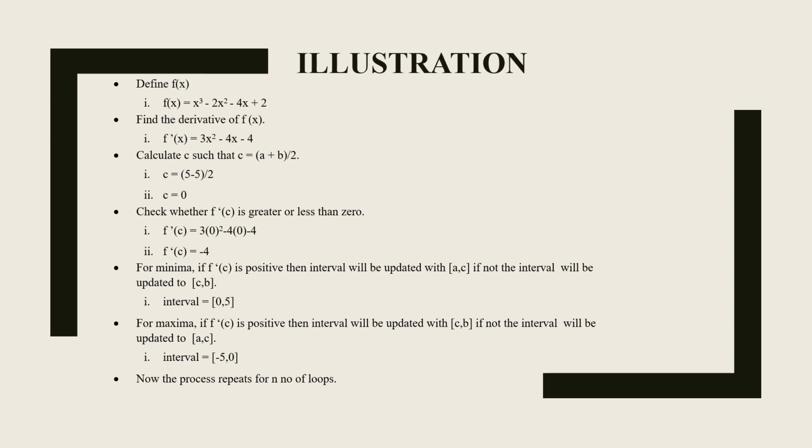For minima, if f dash c is positive, then the interval will be updated to a comma c. If not, the interval will be updated to c comma b. For maxima, if f dash c is positive, then the interval will be updated to c comma b. If not, the interval will be updated to a comma c. This process goes on for n number of steps until the accurate maxima and minima is found.